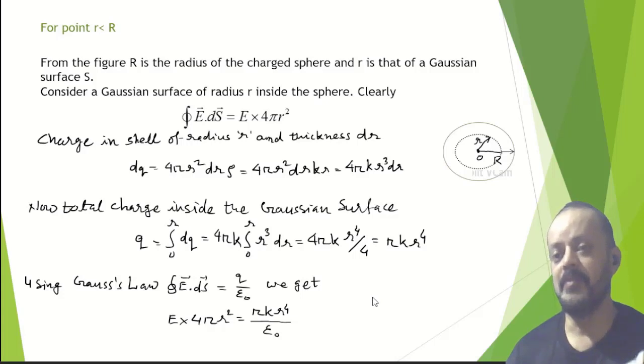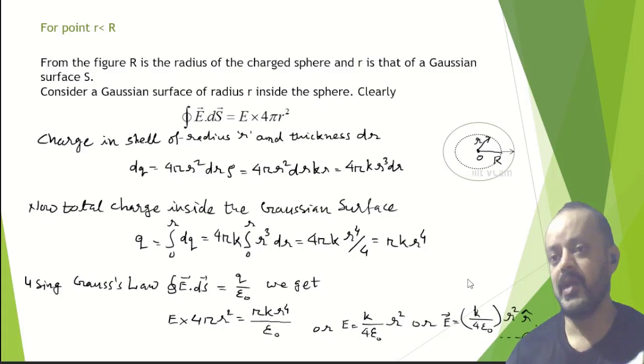Now after simplifying it, we get the value of E. E is equal to k r square divided by 4 epsilon naught. In vector form, it can be written as vector E equals k r square divided by 4 epsilon naught, into unit vector r cap, which gives the direction of the electric field. So this is the value of the electric field inside the sphere in this case.